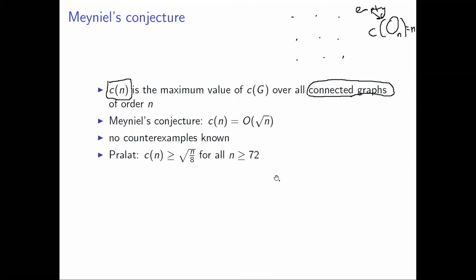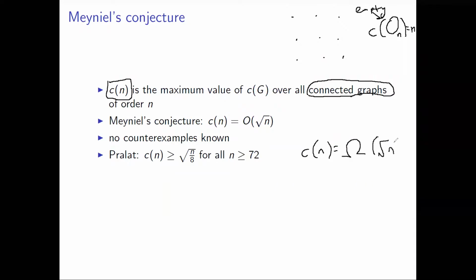There's a lower bound that's known. One of the best lower bounds that's known is this one by Pralat. I say one of the best because all of the best lower bounds that are known are of this form: C of n equals big omega of square root of n.